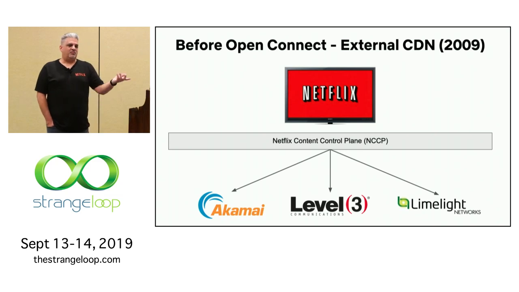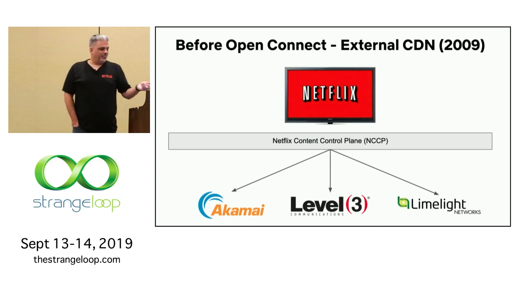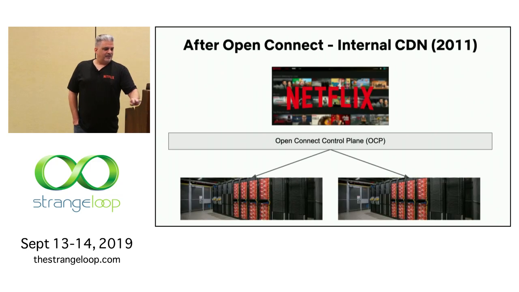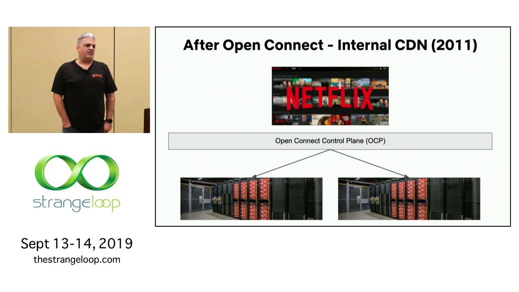So we just had to make sure we handed the content to the right places. Those providers put it on the edge for us, and we just had to make sure that when you clicked play, you got to the right place to have it delivered from someone who had the content. However, fast forward a couple of years, and this is when Netflix Open Connect was launched.